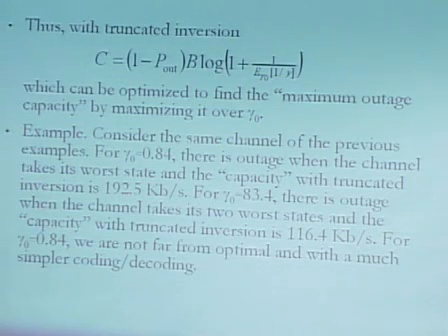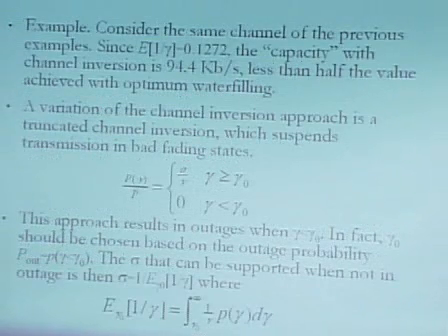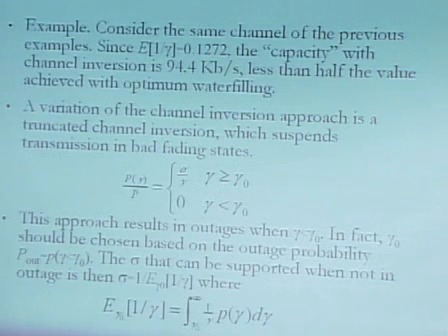You have to use an outage gamma so that you're never in outage, right? So what would you use here? You have to make sure that gamma is always bigger than your gamma 0, right? So which is the worst possible gamma? Right, so you have to use a smaller gamma.